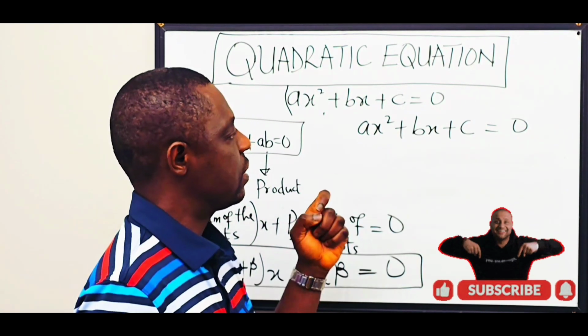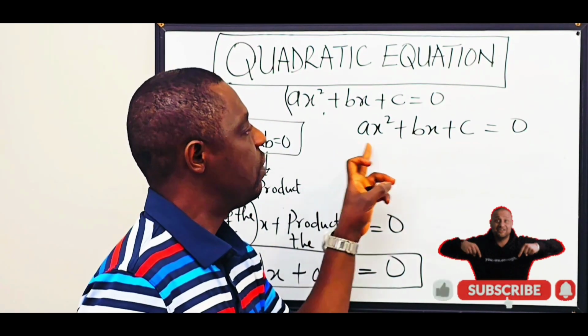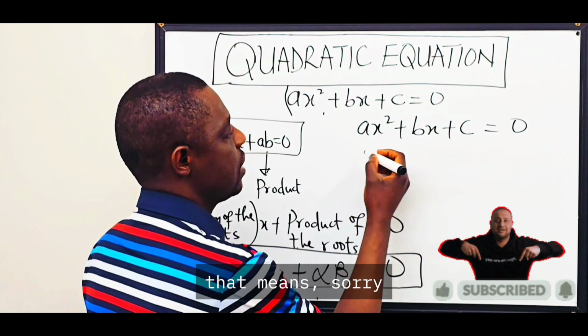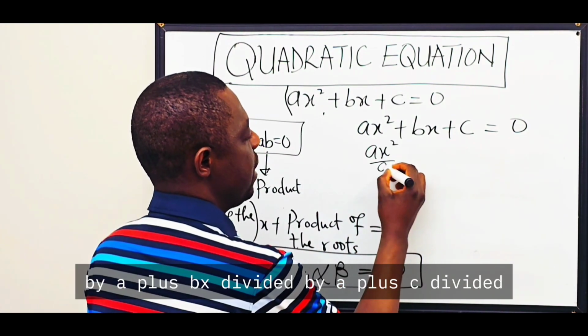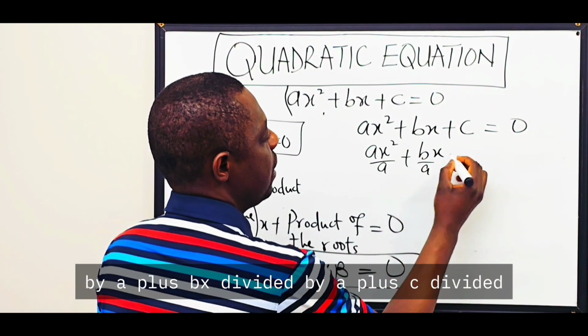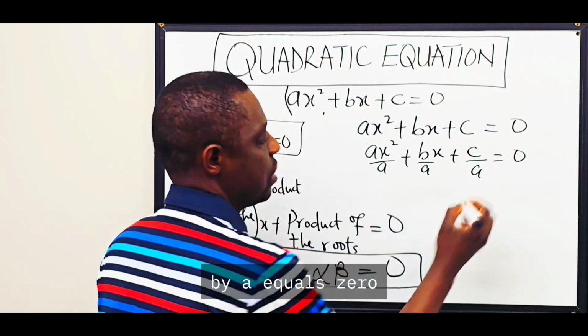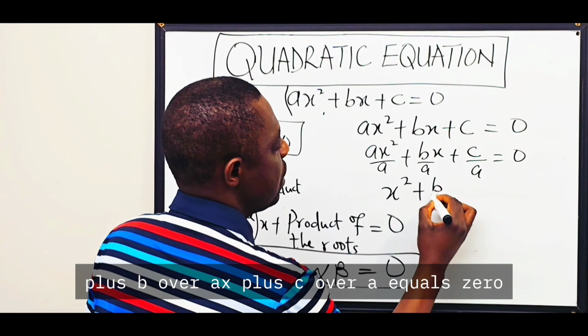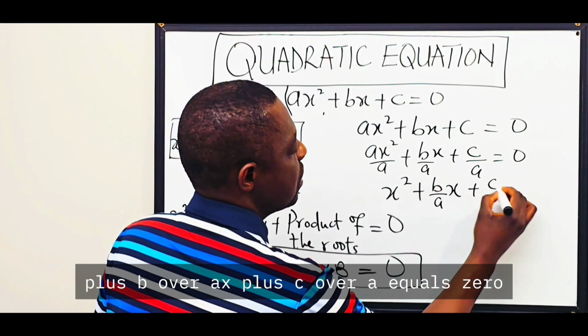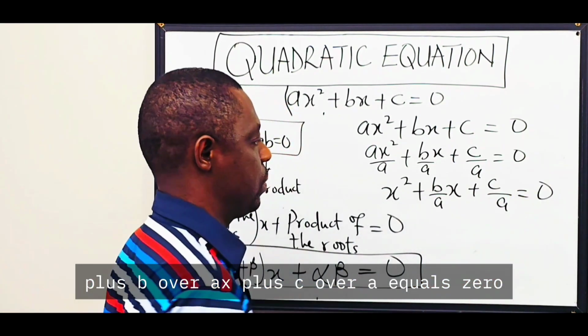If I divide through by a, that means I'm going to have ax squared divided by a plus bx divided by a plus c divided by a equals 0. So a cancels a, we have x squared plus b over a x plus c over a equals 0.